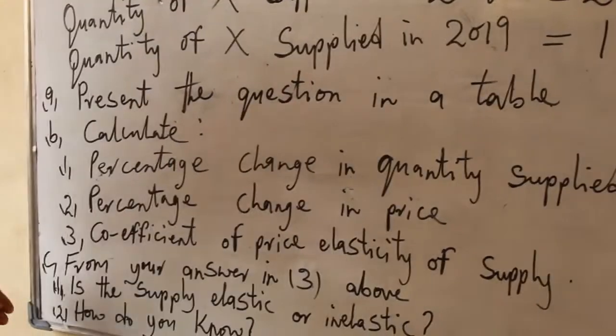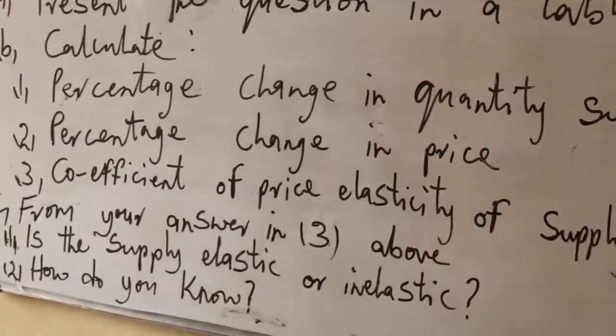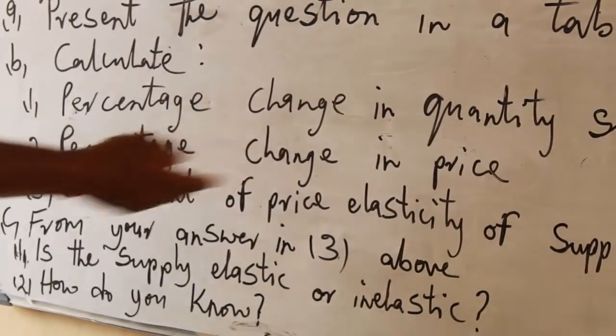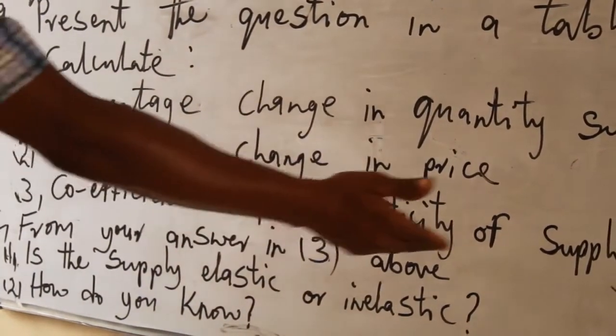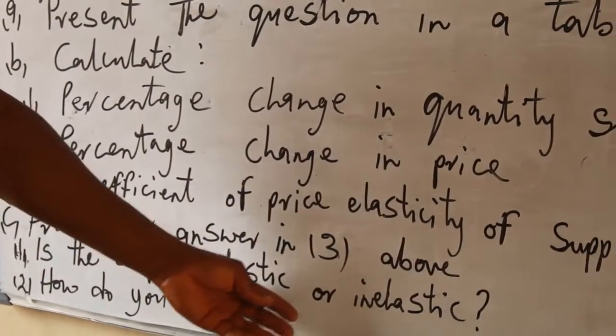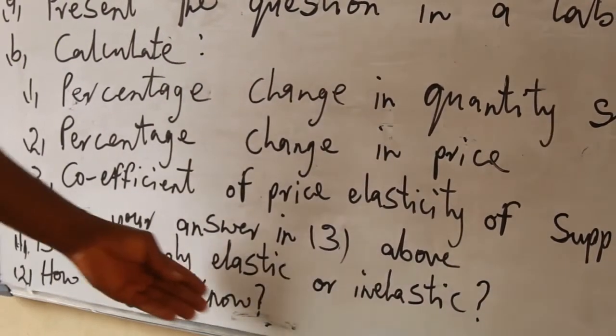Then C. From your answer in 3 above, that is when you have determined the percentage changes and the coefficient of price elasticity of supply, now say: 1. Is the supply elastic or inelastic? 2. How do you know?